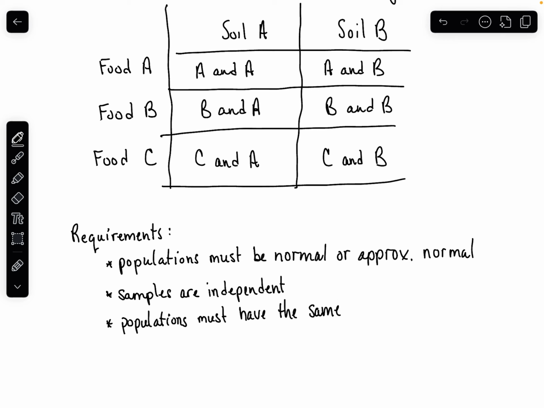Now, just like with one-way ANOVA, we will assume these things to be true. In one-way ANOVA, it was not necessary for all the samples to be the same size. In two-way ANOVA, because of the complexity of it, it is a requirement that all groups must be the same size.